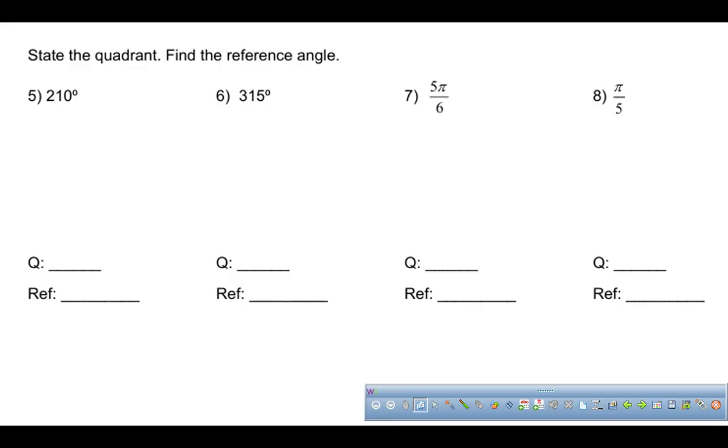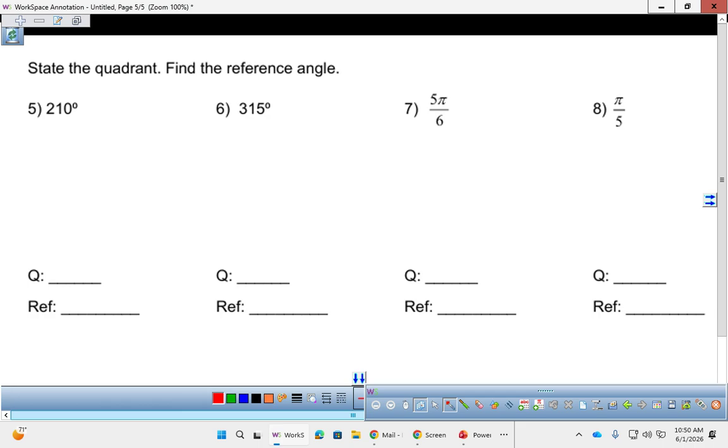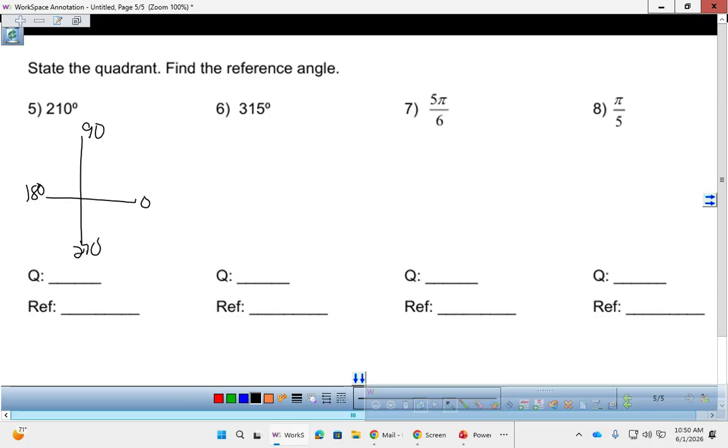All right, so the next thing we do is we still take that number sense, but now we're going to physically draw the angle out. So this is on the same page. 210 degrees. This is an angle that is in degrees. And I know that in degrees, this is 0, this is 90, this is 180, this is 270, and this is 360.